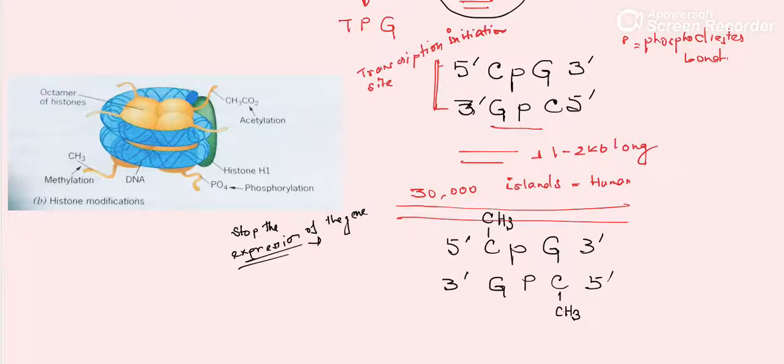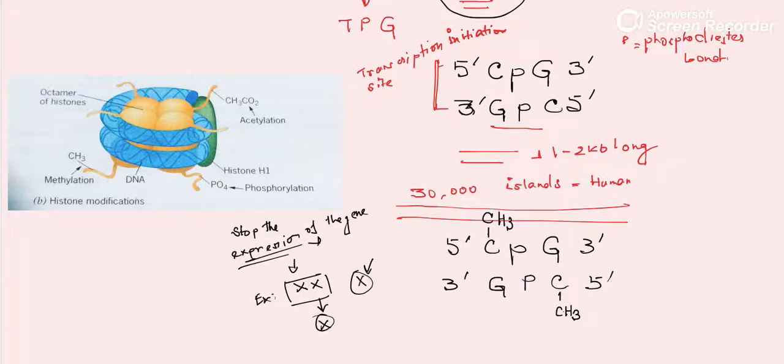The cause I will tell you later, but firstly I want to say where we can find this kind of example. We already know that there are two X chromosomes in females, but expression occurs from only one X chromosome. Then what happens to the genes of the other X chromosome? Methylation occurs on the other X chromosome, that's why they are not expressed. And now I want to tell you why.